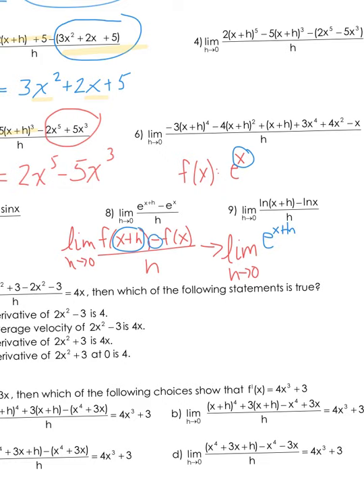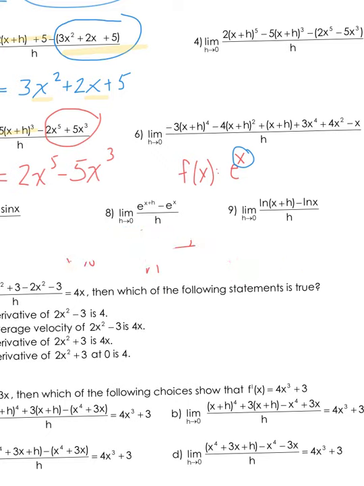And then minus the actual function, e to the x, over h. Oh, that looks terrible. I'm sorry. But anyway, we don't know how to solve this one algebraically, but we'll learn the derivative of e to the x soon. Here, the function that was plugged in was ln of x.